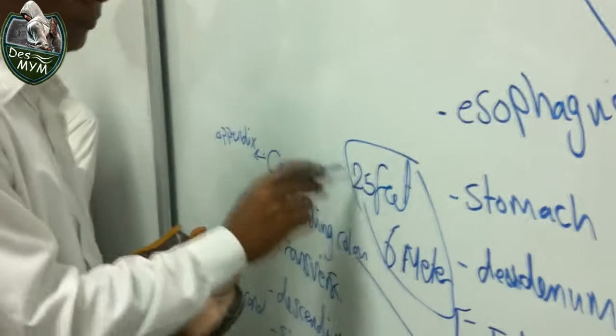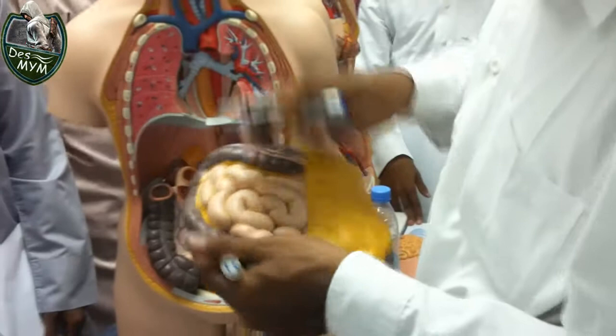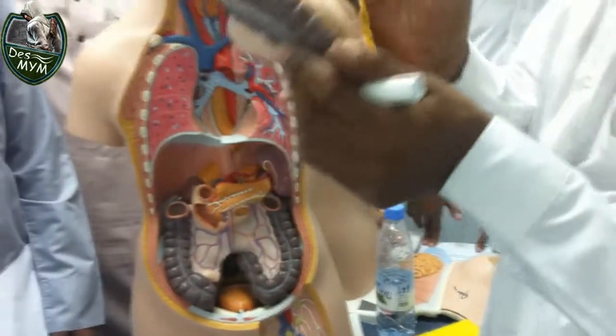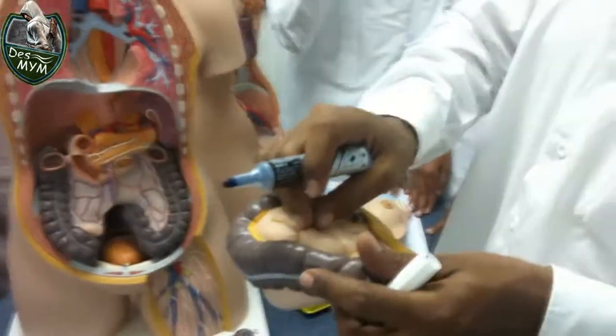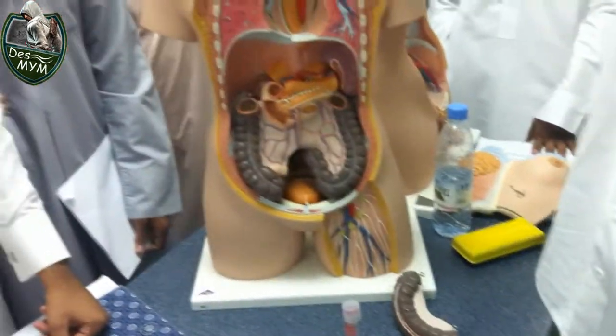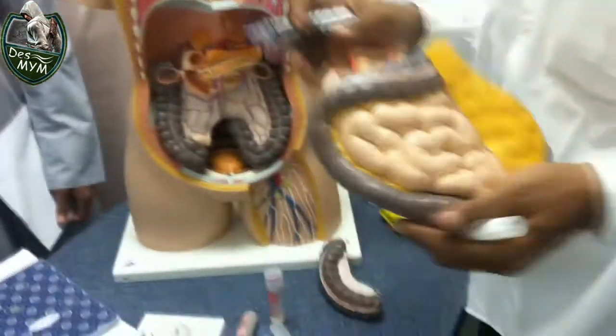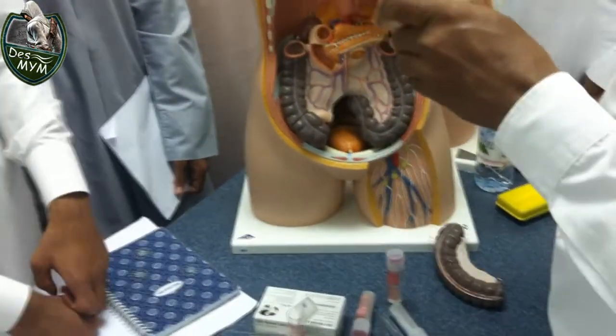It is coiled to lie in a small abdominal cavity. If we stretch it, it takes 6 meters.